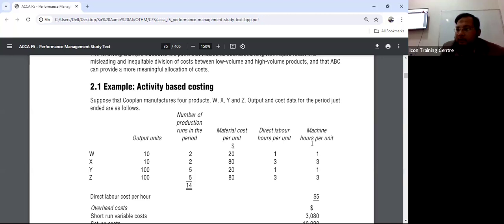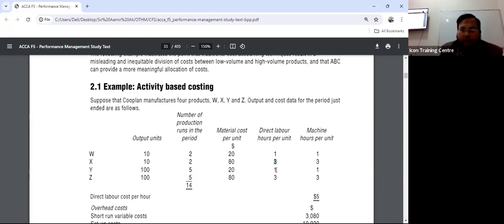Now we have direct labor hours and machine hours. Direct labor hours mean how many hours our labor will work to produce that unit. In order to produce one single unit of W, the labor needs to work for 1 hour. But in order to produce one unit of Y, labor needs to work for 3 hours. So from this perspective, X and Z will be more expensive as compared to W and Y, because W and Y require only one direct labor hour and one machine hour.